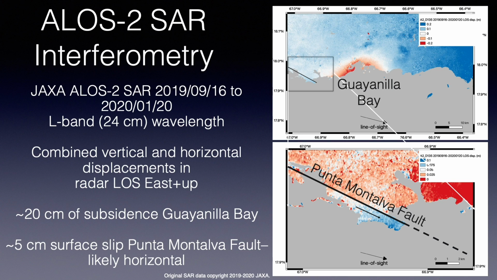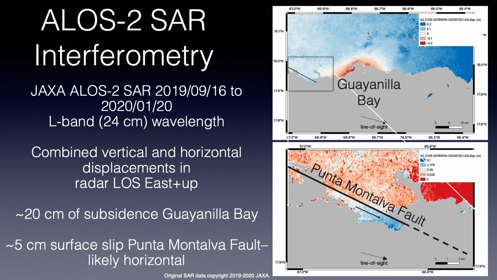The 24 centimeter wavelength gives us better coverage of the InSAR measurements in the areas of more heavily vegetated ground surface. This also has a line of sight direction that's up and to the east, so it's a combination of horizontal and vertical. The top plot here is the regional view. We see the largely vertical subsidence over the area of the Guayanilla Bay.